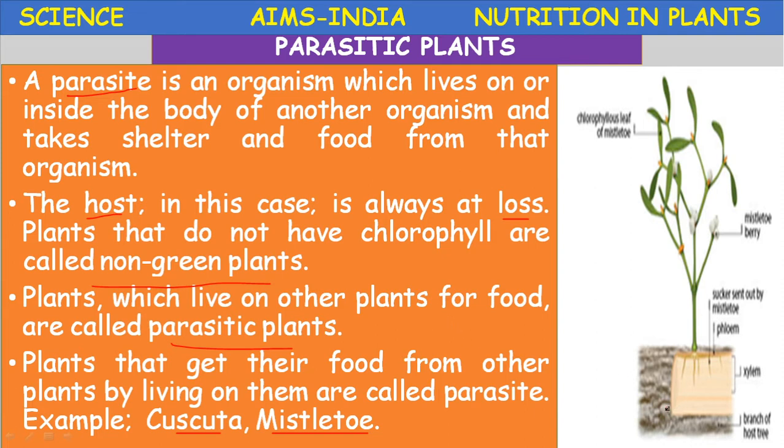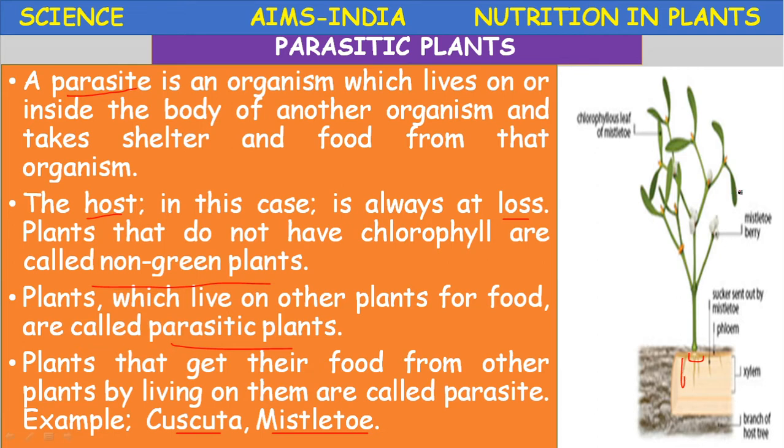The parasites produce special structures. You can see here, the parasite produces some special structures called haustoria. They are useful for absorbing food from the host. Parasites may be total or partial.